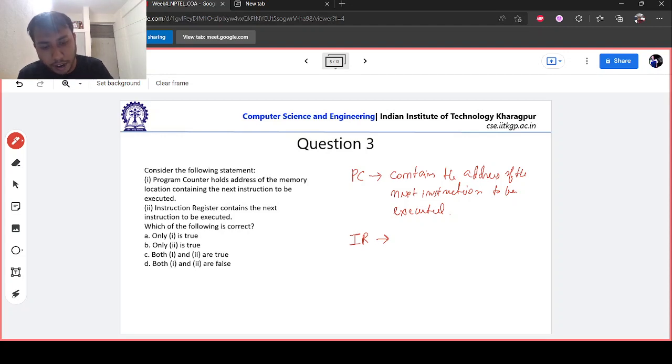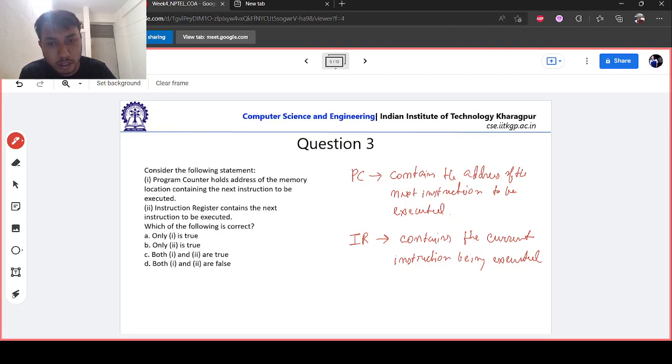Instruction register, IR, contains the current instruction being executed. So that is the clear difference between PC and the IR.